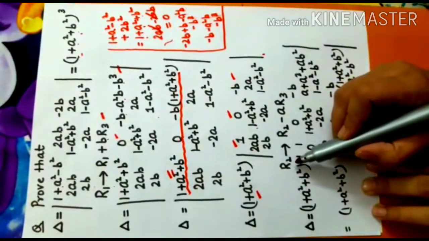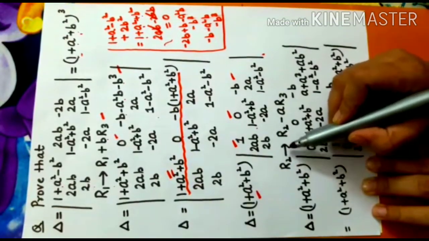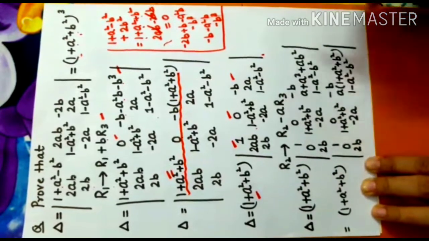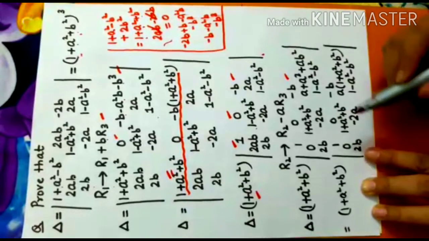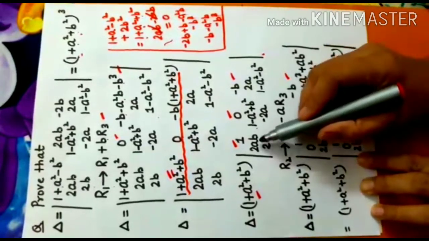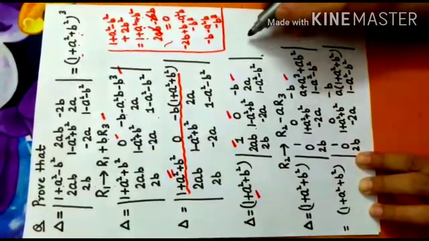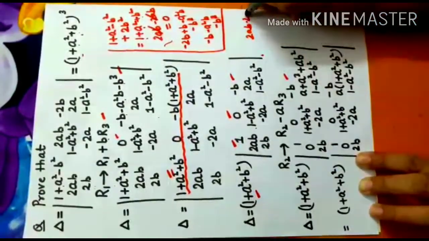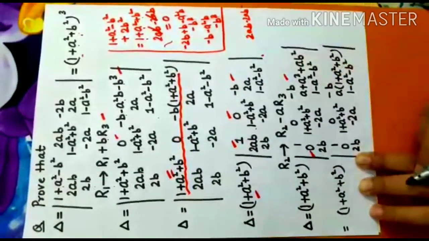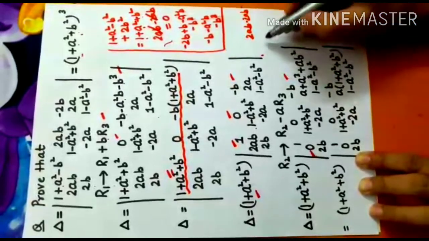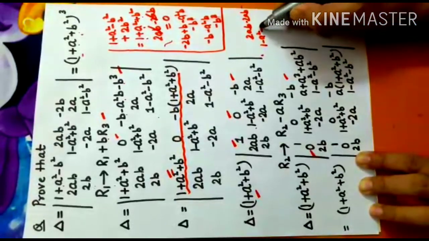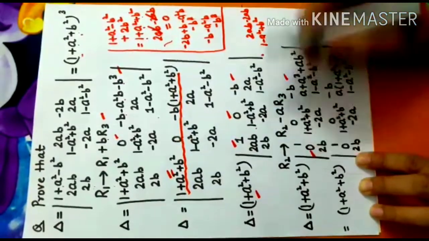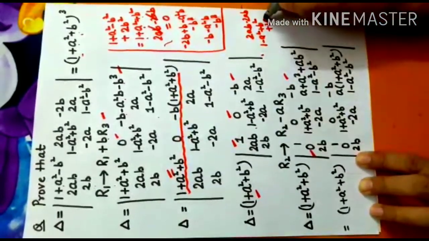Now I apply the operation R2 changes to R2 minus a times R3. First row will be same. Second row 2ab minus a times of this, that is minus 2ab, will give you 0. Then 1 minus a square plus b square minus a times of this, that is plus 2a square.